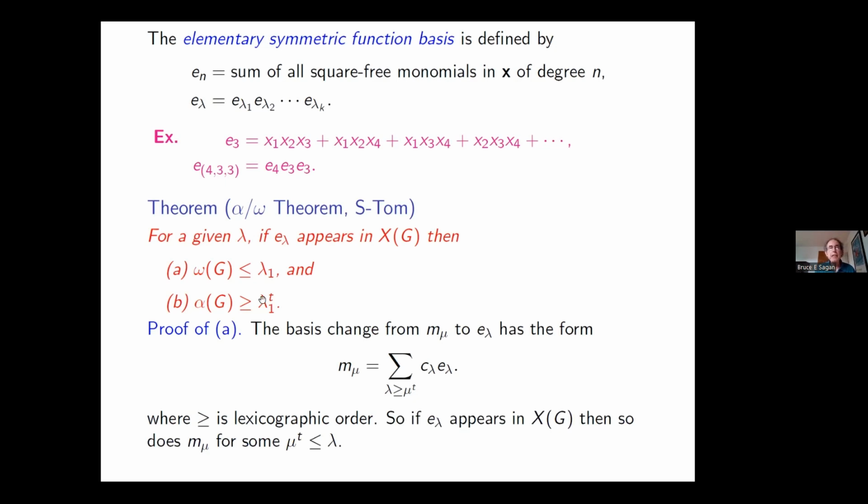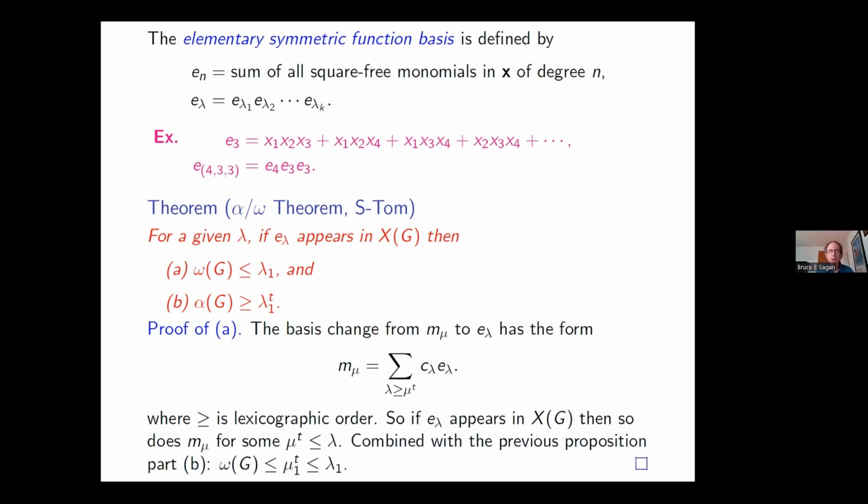So if E lambda appears in X of g, then so must some mu that contributes to that E lambda, right? Because if none of these have E lambda in its expansion, then it's not going to get there. But that means lambda has got to be greater than or equal to mu transpose, and I've just written this in the reverse order of the inequality. But now use the previous result, right?